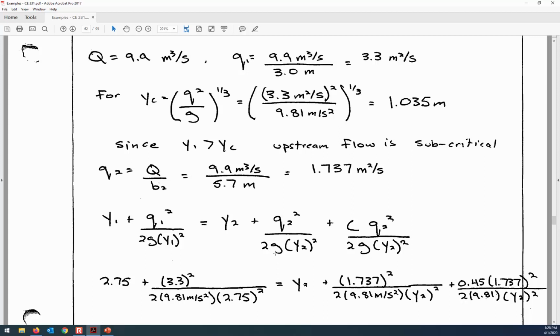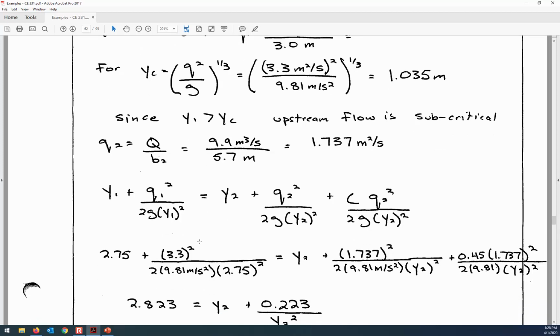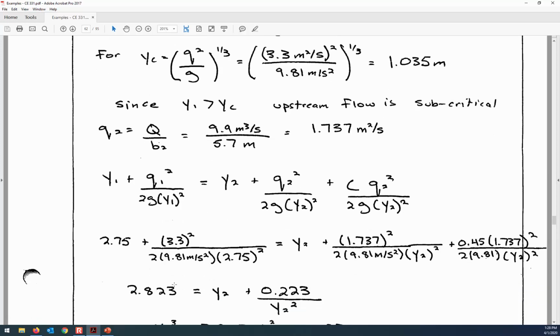So we rearrange that a little bit, do some algebra. On the left-hand side, 2.823 meters. On the right-hand side, we've got y2 and then some numerical factor divided by y2 squared. And for it to be a cubic equation, we have to multiply all of these terms by y2 squared.